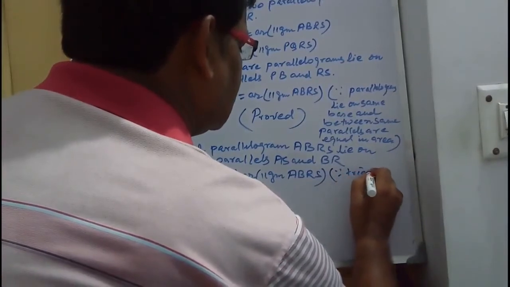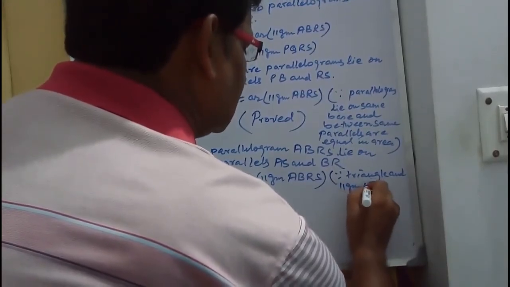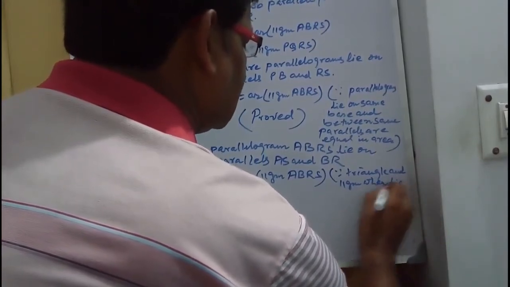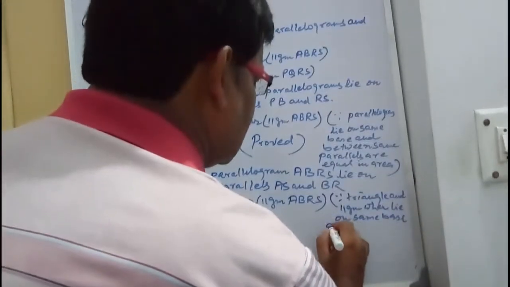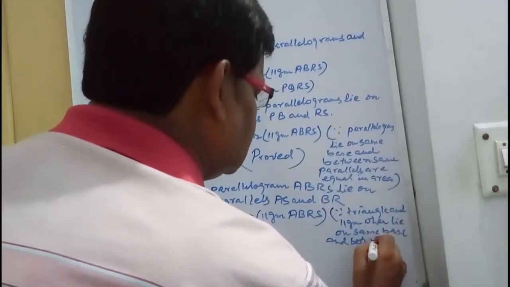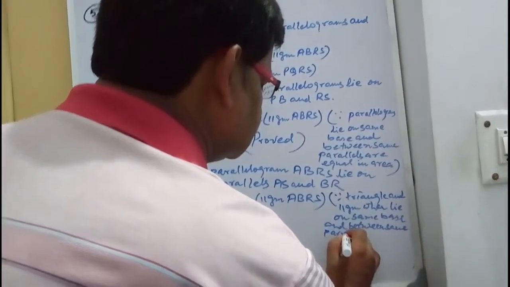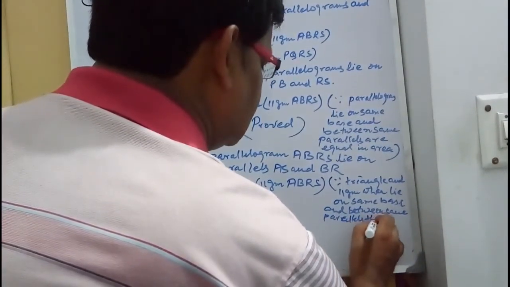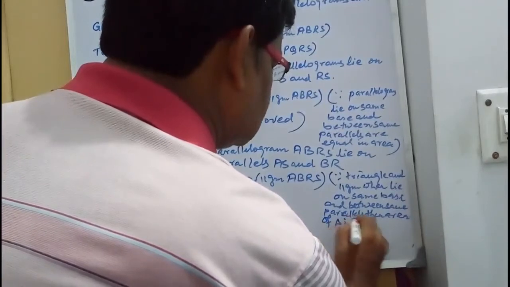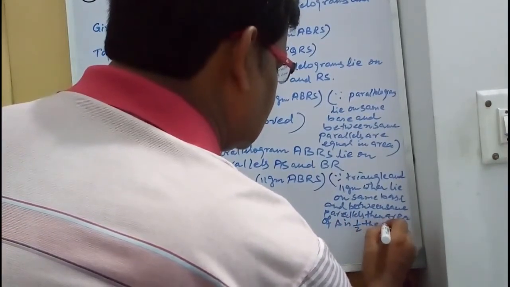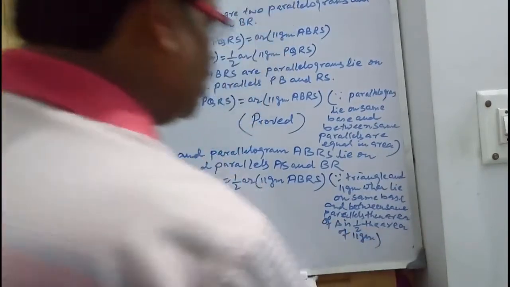Triangle and parallelogram, when lie on same base and between same parallels, then area of triangle is half the area of parallelogram.